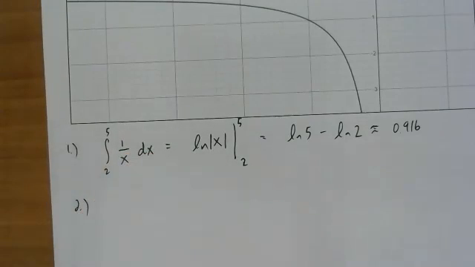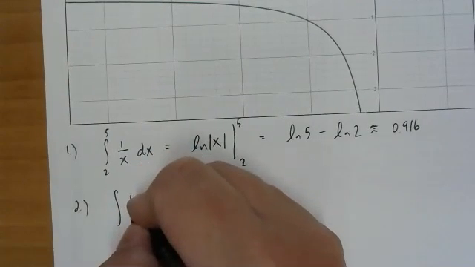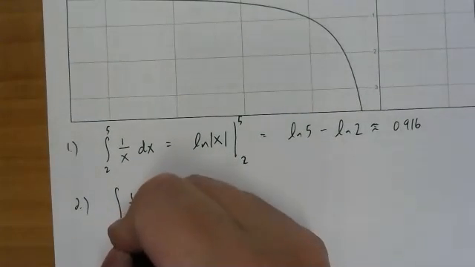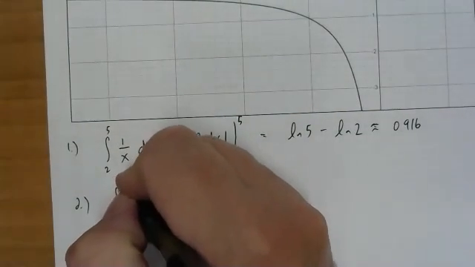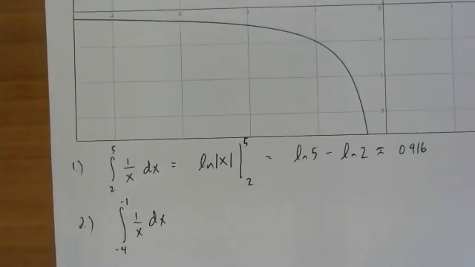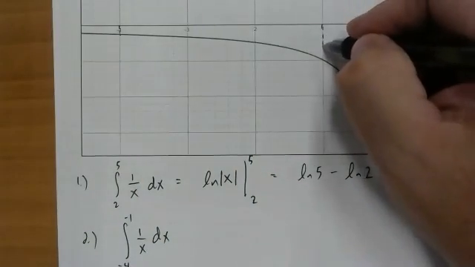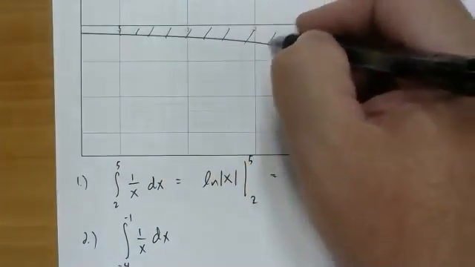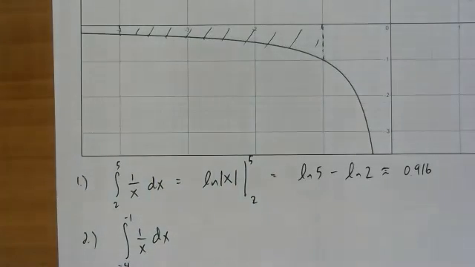Let's do a second problem, which is even a little more interesting. How about the same function, 1 over x, but now we're going to look at the area from -4 to -1. -4 is right here. -1 is right here. That's going to be the area we're looking for.